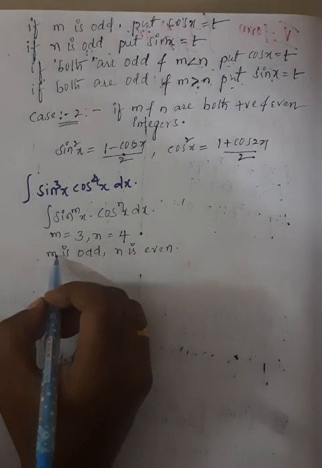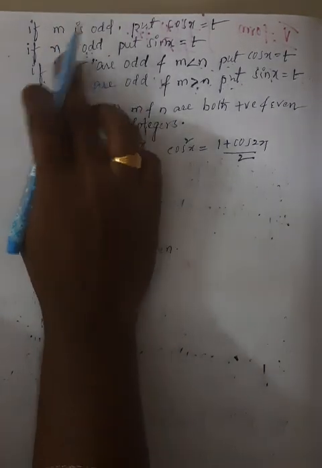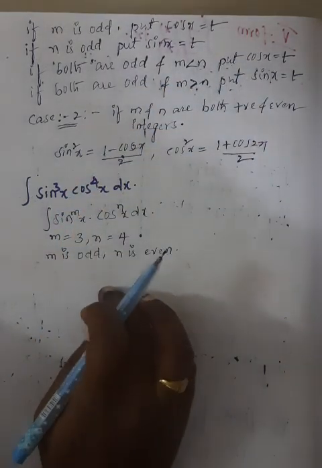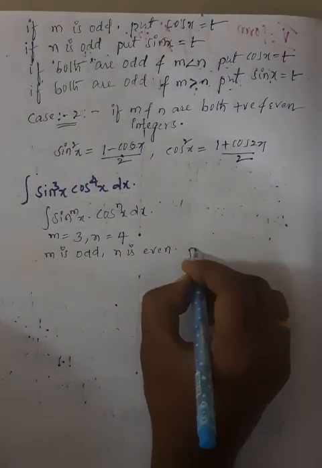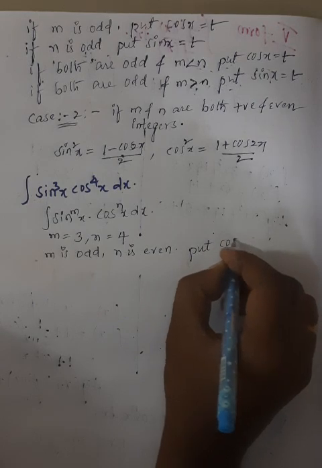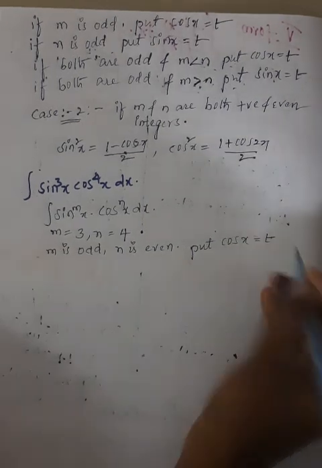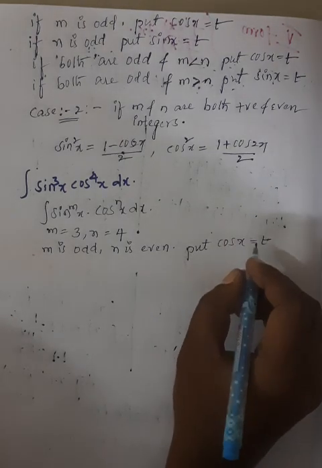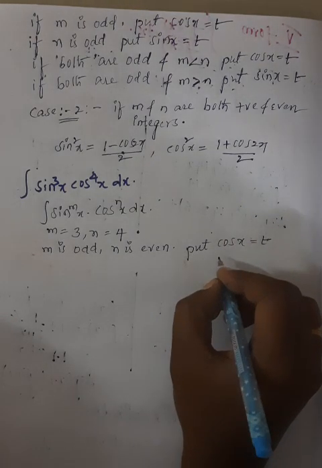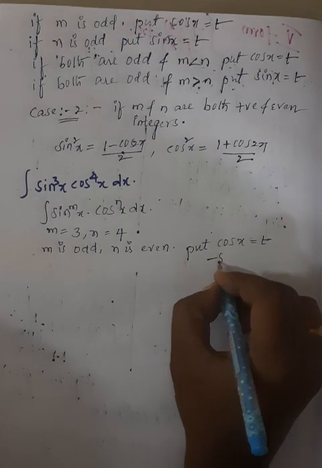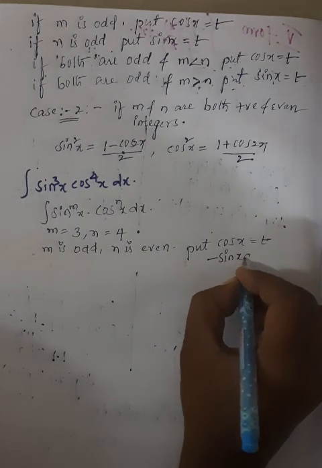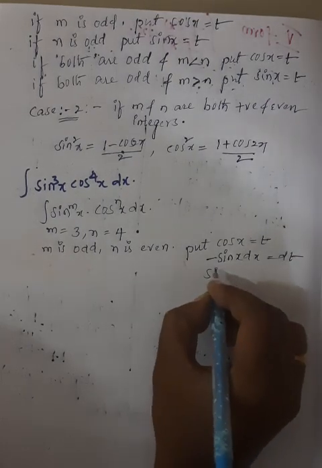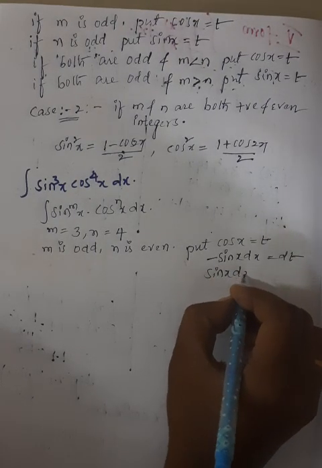If m is odd, then we have to put cos x is equal to t. Then differentiate both sides, you will get minus sin x dx is equal to dt. Therefore sin x dx is equal to minus dt.